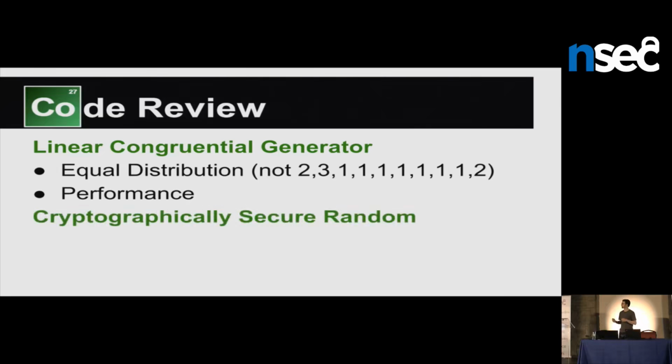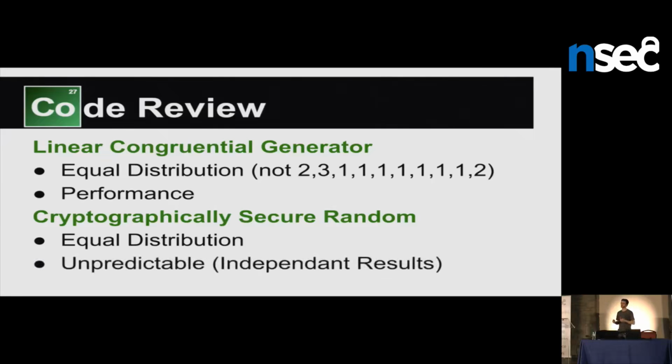On the other hand, cryptographically secure random has different objectives. First, equal distribution is also a characteristic, because if the first few bits have more probability to be a certain value than others, then it's not cryptographically secure. But the most important criterion is that it needs to be unpredictable. If you have one value, you shouldn't be able to predict the next one.